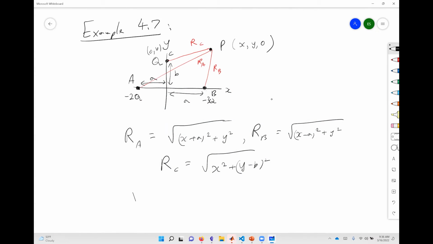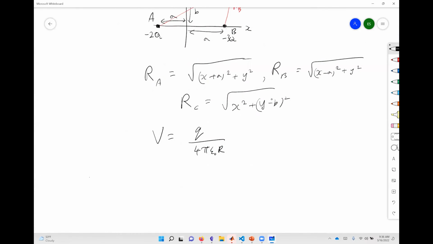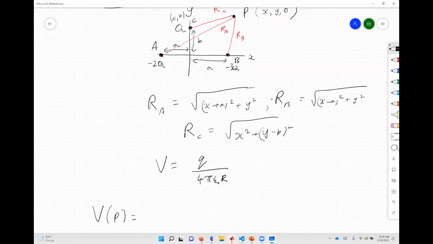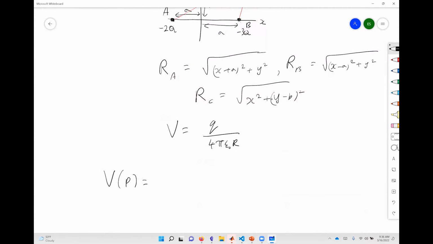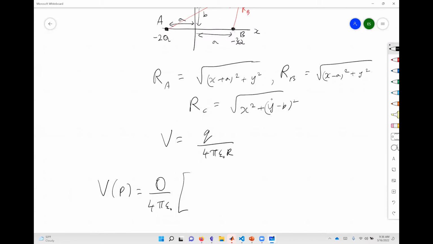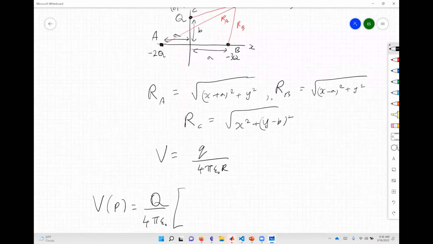And then we know that V for every point charge is going to be Q, whatever the charge is, over 4 pi epsilon naught R. So V at point P is just going to be the sum. There's going to be 1 over 4 pi epsilon naught, and I'll take the Q out.